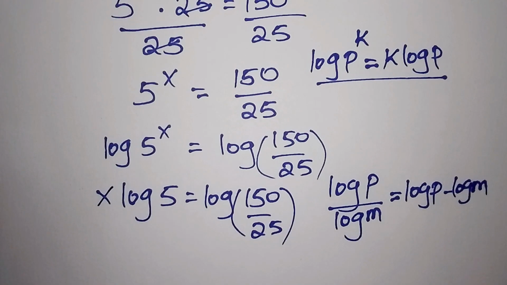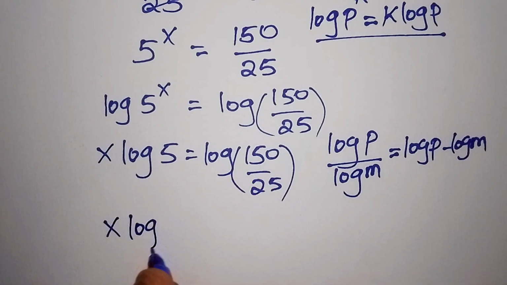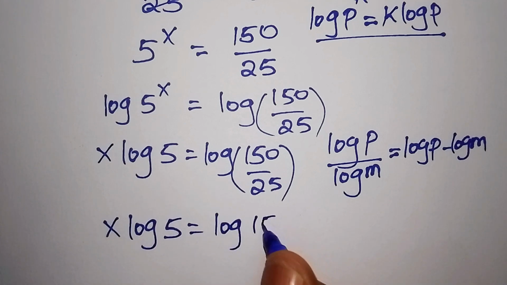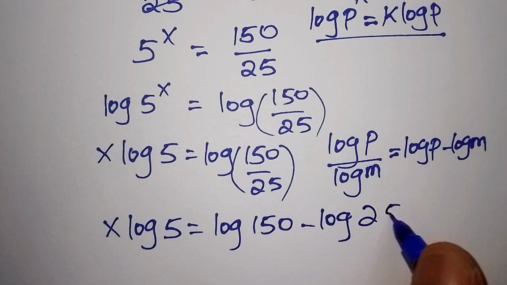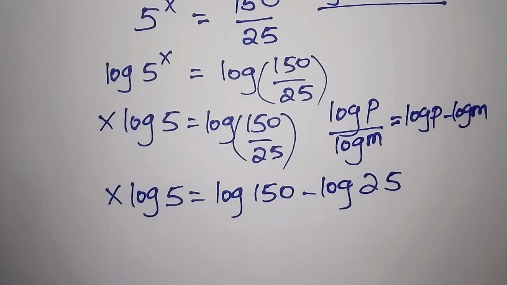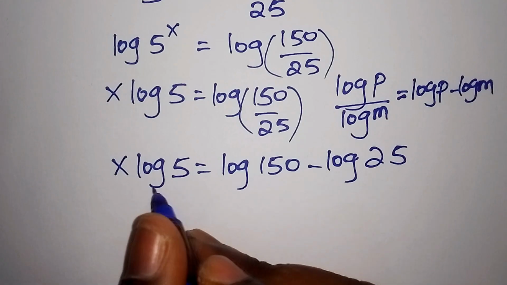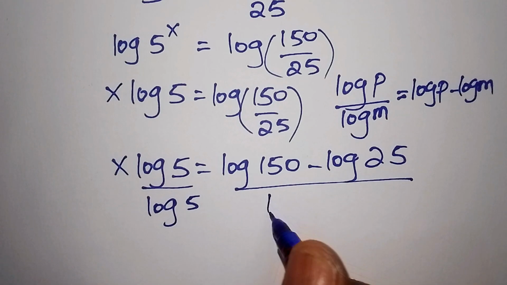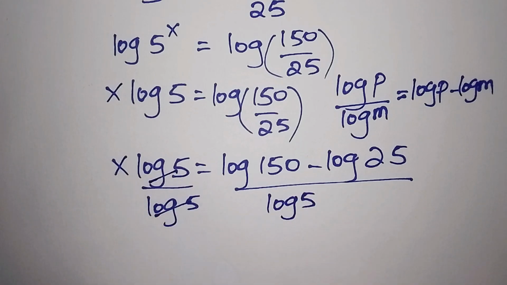So we shall have x log 5 is equal to the log of 150 minus the log of 25. We want to remain only with x, so we divide both sides by the log of 5. Log 5 and log 5 cancel.